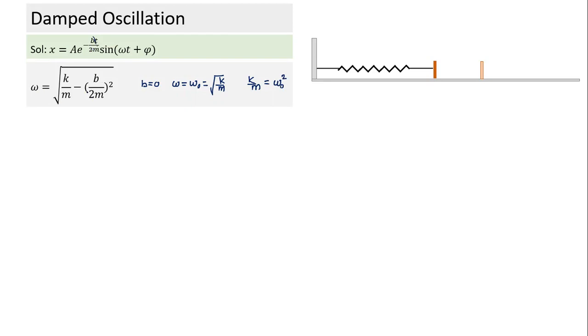So rather than b by 2m, I'll write it in a simpler form, using a term called gamma. The unit of b by 2m will be the same as the unit of omega, which is per second. This is the gamma unit. Gamma is b by 2m, nothing but a substitution.